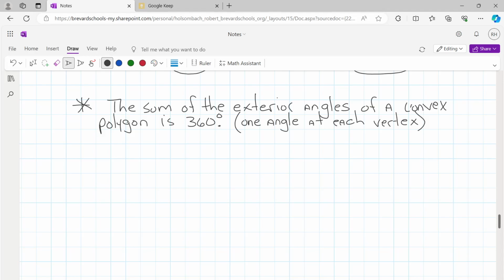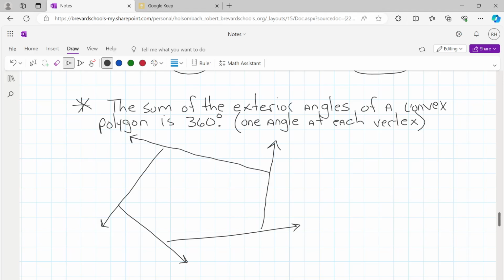All right, and they show you in the middle of page 396 some different shapes. And they show you the exterior angles. But what you need to know is, all right, so here's a five-sided shape.